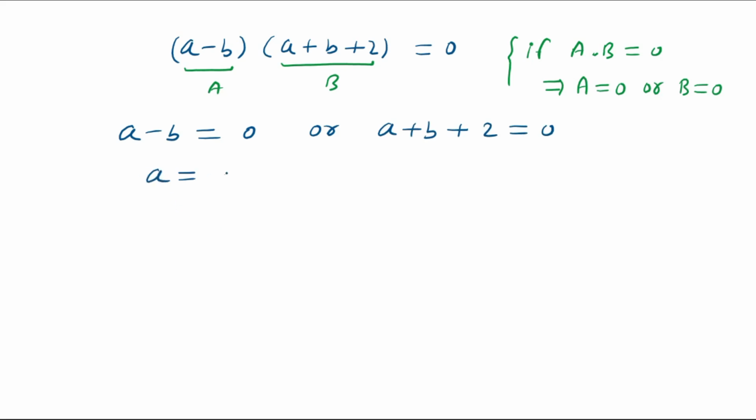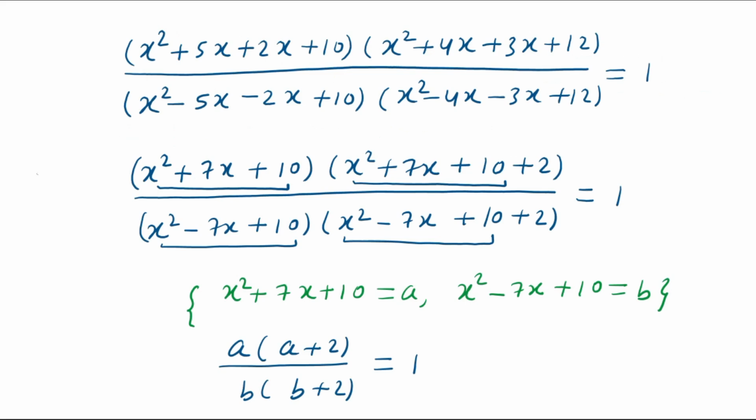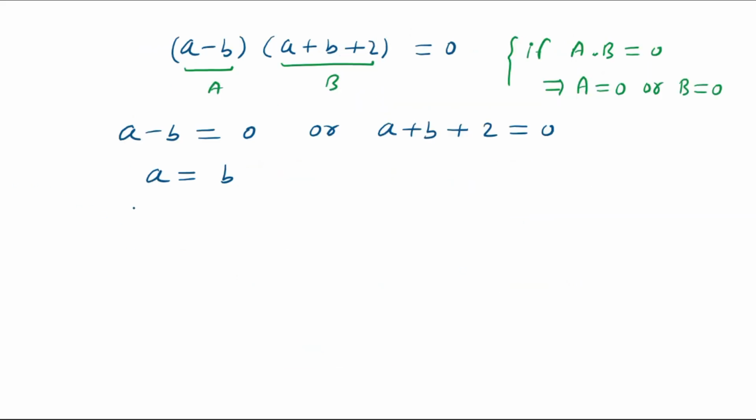Here the value of a is equal to b, and we know that the value of a is x square plus 7x plus 10, and the value of b is x square minus 7x plus 10. So here a is replaced by x square plus 7x plus 10, and this is equal to x square minus 7x plus 10.